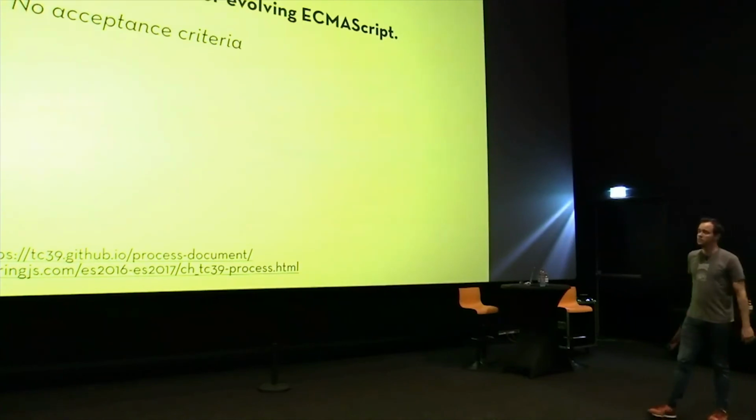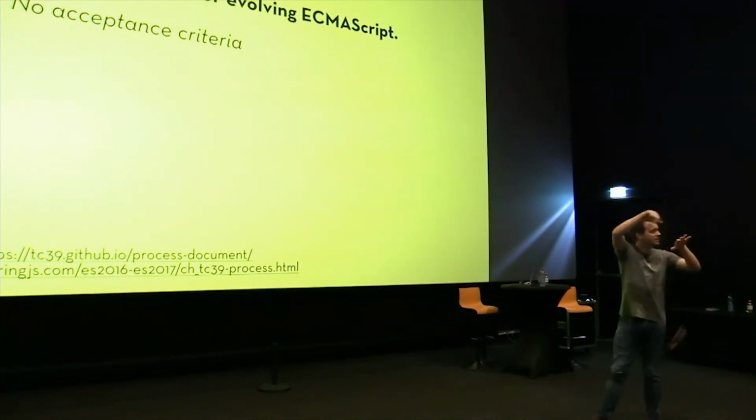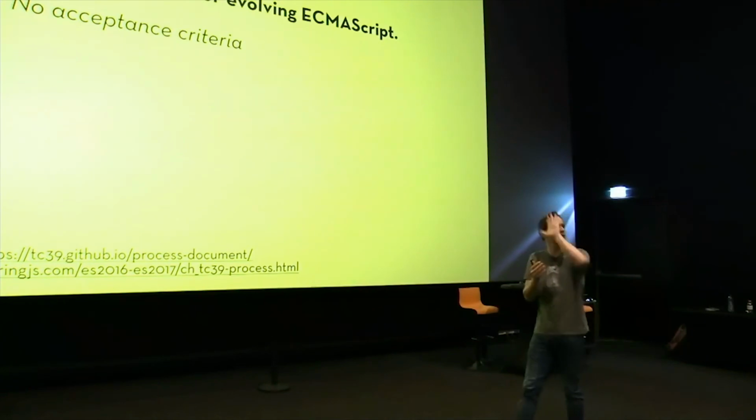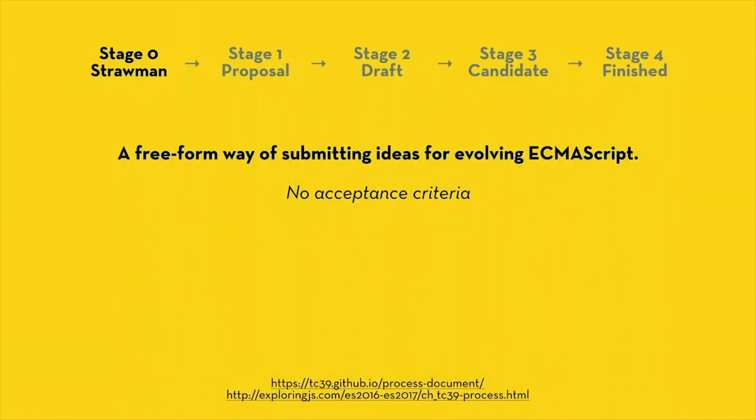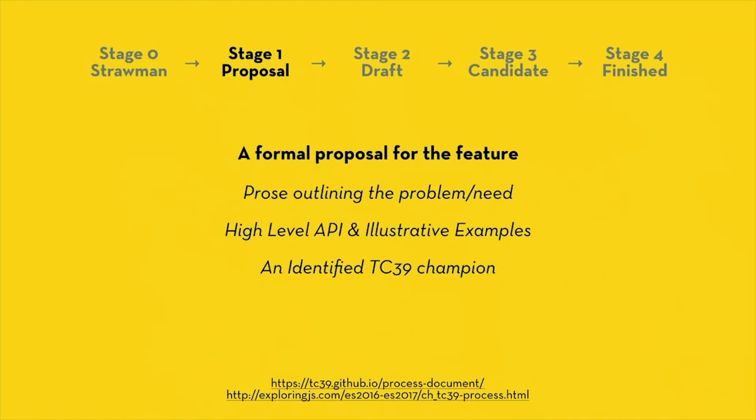So Strawman, that's just a napkin. If you have a napkin and you have an idea and you write it onto that and you submit a photo of your napkin, that's fine. That's stage 0, just one big bucket filled with proposals. But then, yeah, you have to be a bit more formal about it, not on a napkin, perhaps on a nice markdown file or something like that, with a small prose outlining the problem and a small suggestion for an API, like, okay, this is the problem, this should be how we can fix it, let's discuss about it.